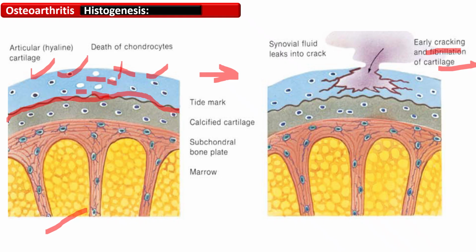In fibrillation, there is development of surface cracks parallel to the long axis of the articular cartilage. It is still limited above the tide mark. The concept of the tide mark we have discussed already.